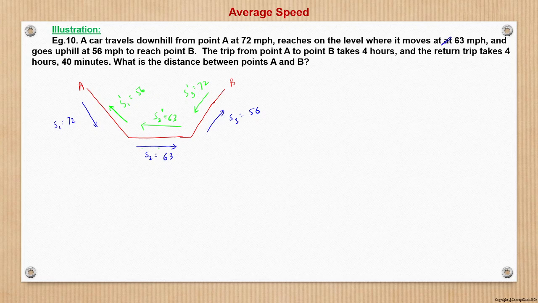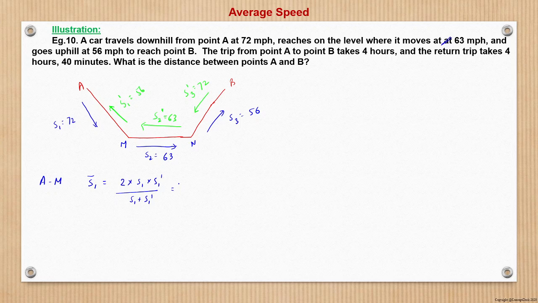Now let us name these points M and N. For the portion AM, the distance is the same. In the first instance it is coming down the distance AM at a speed of 72, and in the second instance it is going up this distance AM at a speed of 56. So for AM, what is the average speed? S1 bar will be 2 into S1 into S1 dash upon S1 plus S1 dash, right?